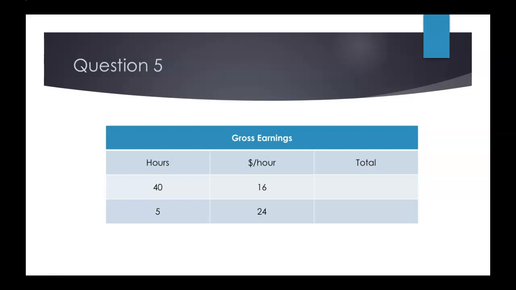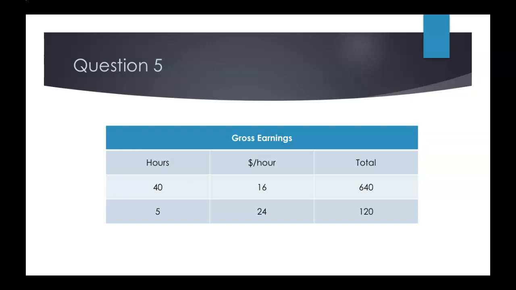So now we have our number of hours that Beth worked and her hourly wage. So if she worked 40 hours and got paid $16 an hour, we will multiply those two numbers together to get our totals. So 40 times 16 is 640. And then her 5 hours of overtime at $24 an hour got her an extra $120.